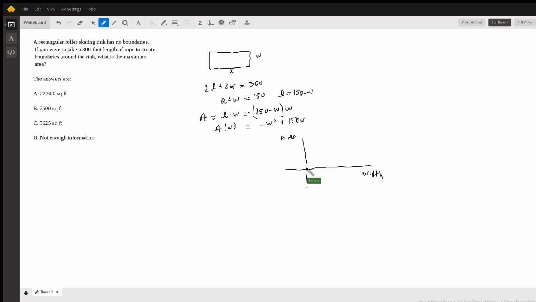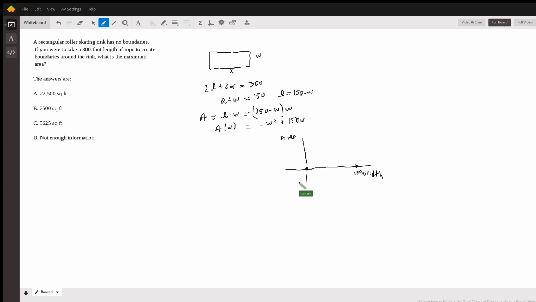The other zero, which you can see from the factored form, is the point 150, 0, because when W is 150, 150 minus W is 0, and anything times 0 is 0.